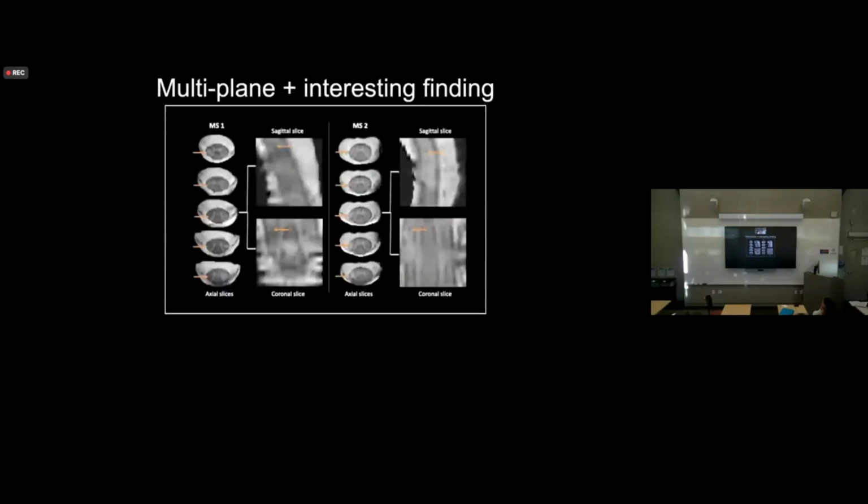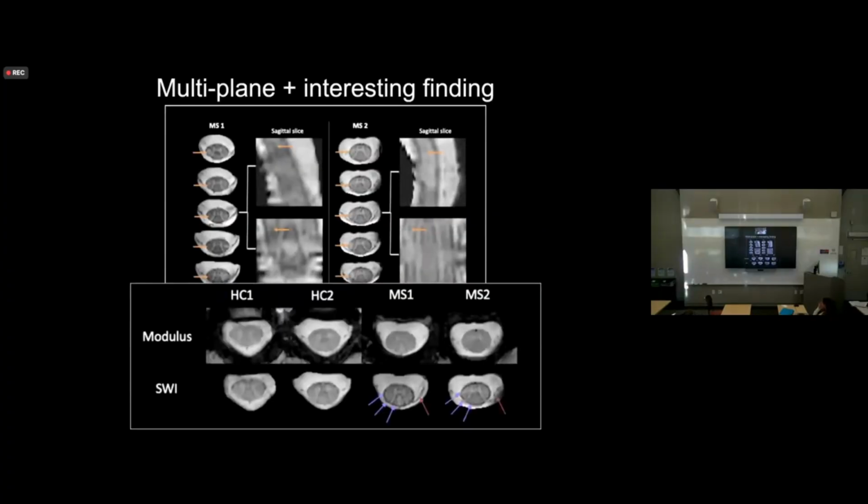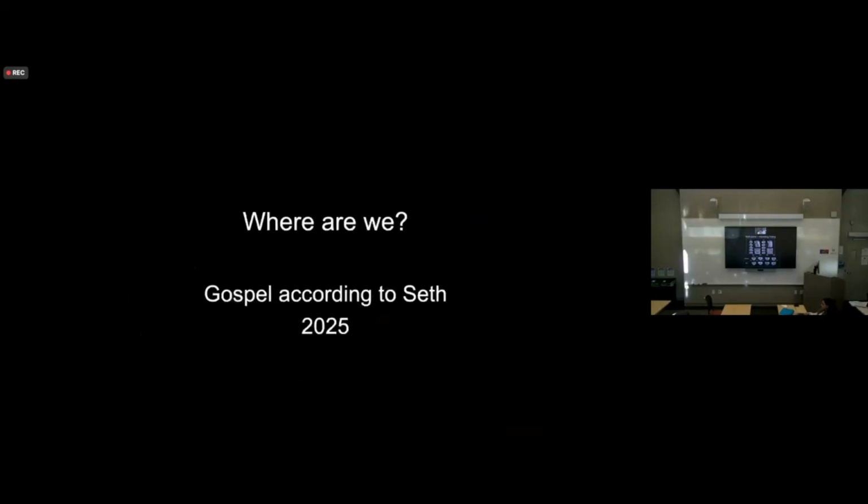But I'll just skip here to the end. There was one additional finding that we found that appeared to be distinct in healthy controls versus MS, and that is the presence of this very dark rim around the spinal cord, which the radiologists feel was probably more diagnostic than any of the other central vein signs or paramagnetic rim lesions that we saw earlier.